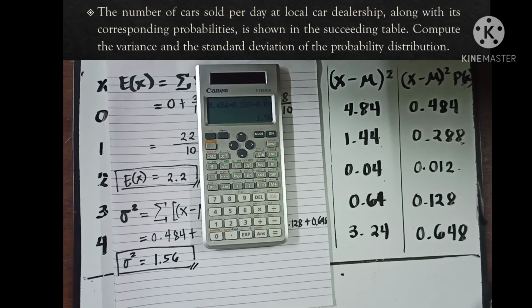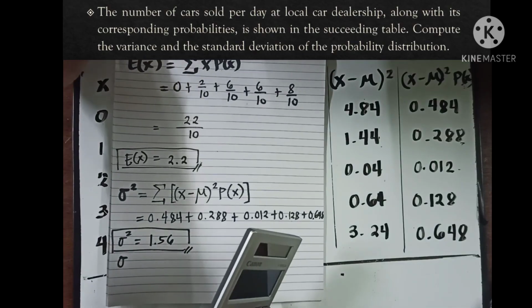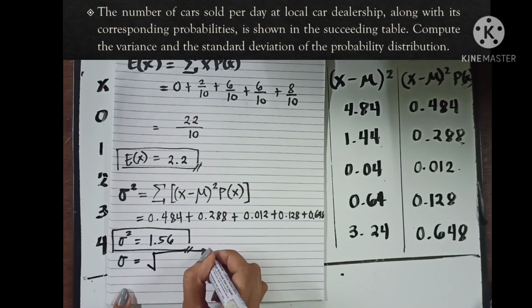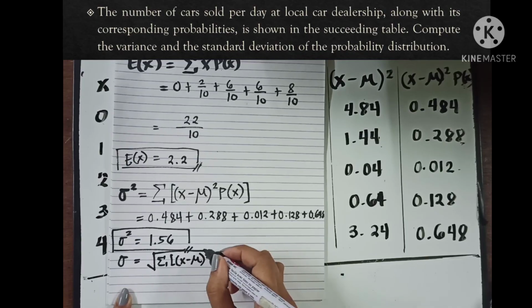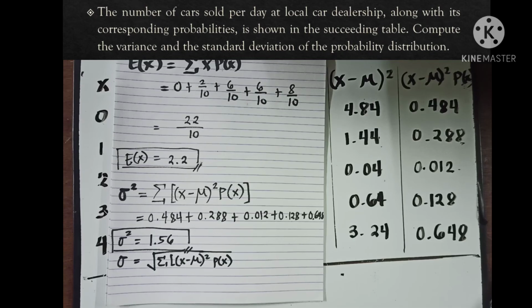Okay, so again, kapag final answer, 2 decimal places tayo lagi. Okay, so next, to solve for the sigma or standard deviation. Again, para makuha ang standard deviation, just simply get the square root of the variance. So, kukunin mo lang yung square root nitong variance.